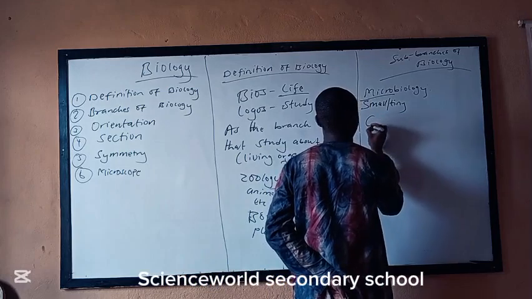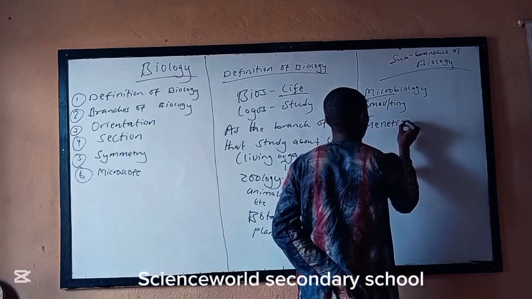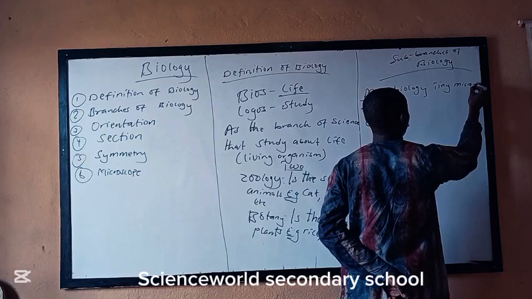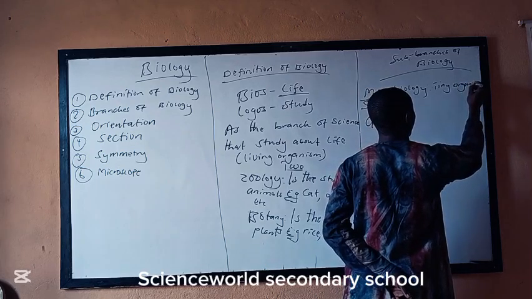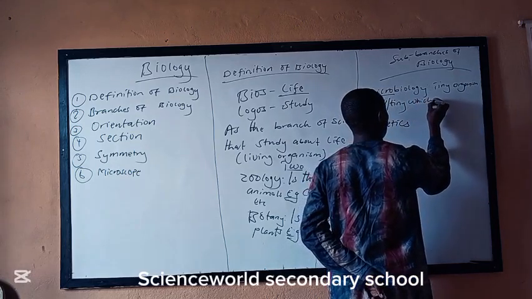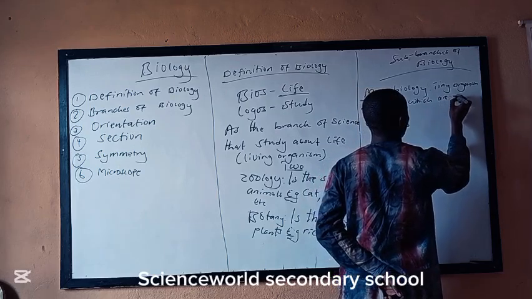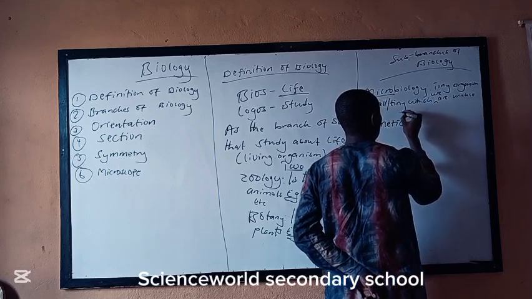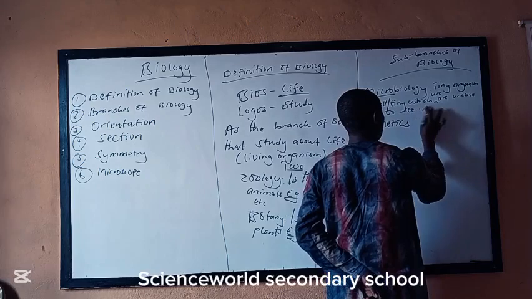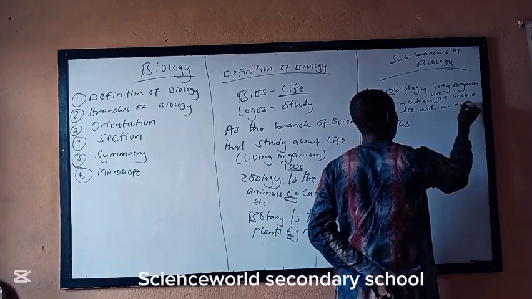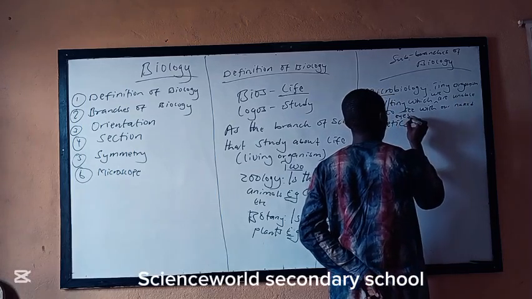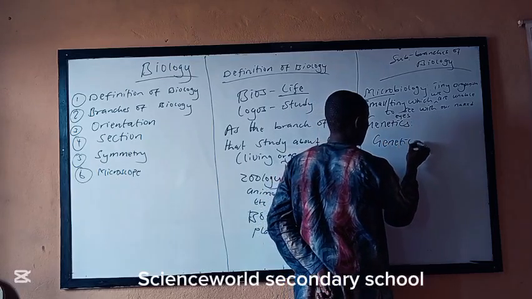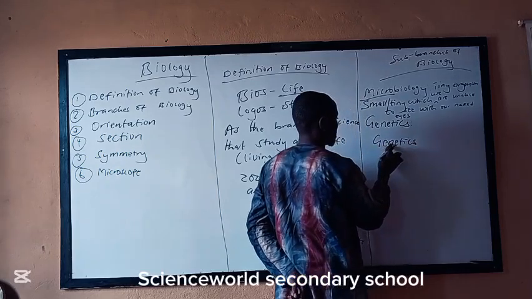Then we have genetics. Genetics, it is an 8-letter spelling. 1, 2, 3, 4, 5, 6, 7, 8.